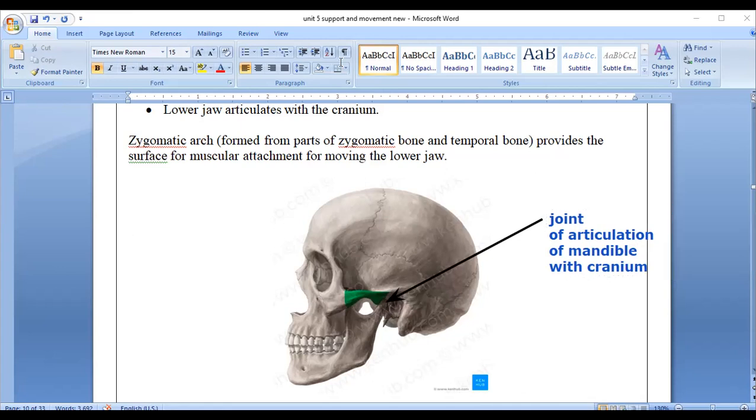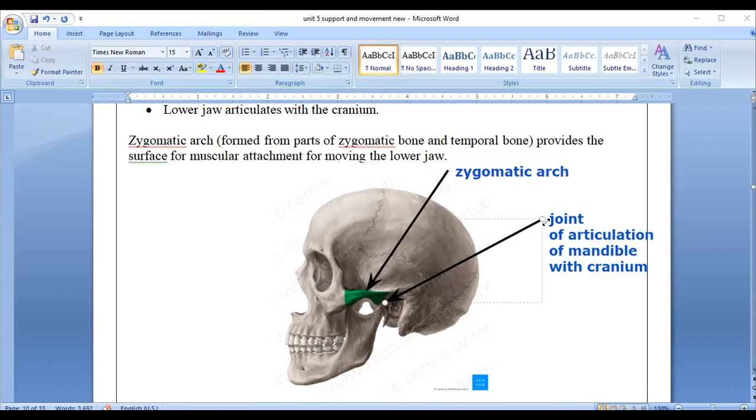Here, this place is called the zygomatic arc. How do you call that one? Zygomatic arc.